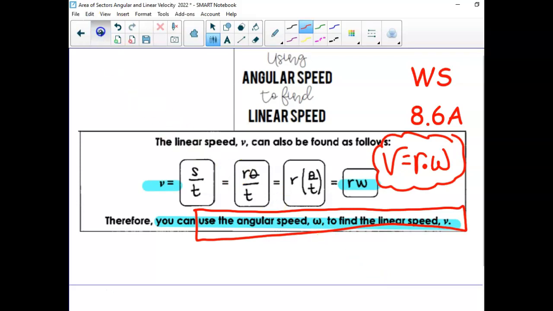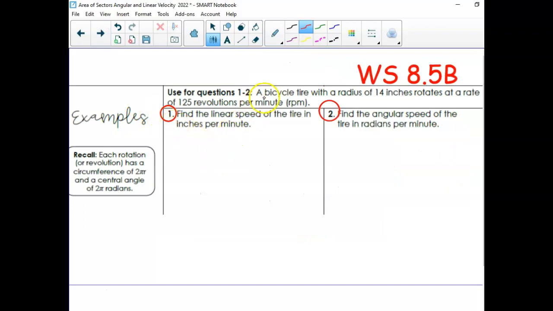All right, so here we go. It says a bicycle tire has a radius of 14 inches. So this is back on the previous page. Our R is 14 inches. And it is rotating at a rate of 125 revolutions per minute, RPMs.